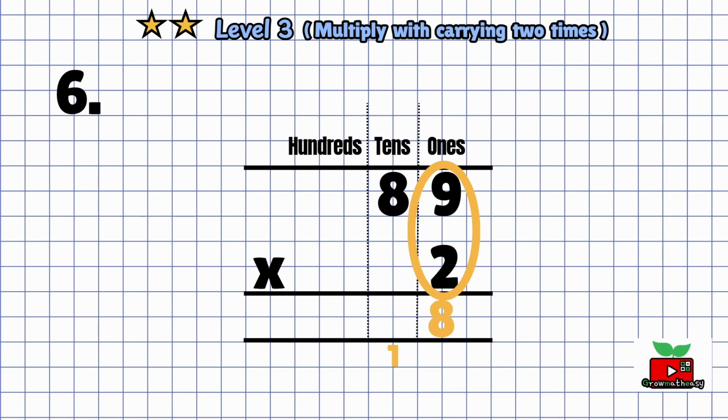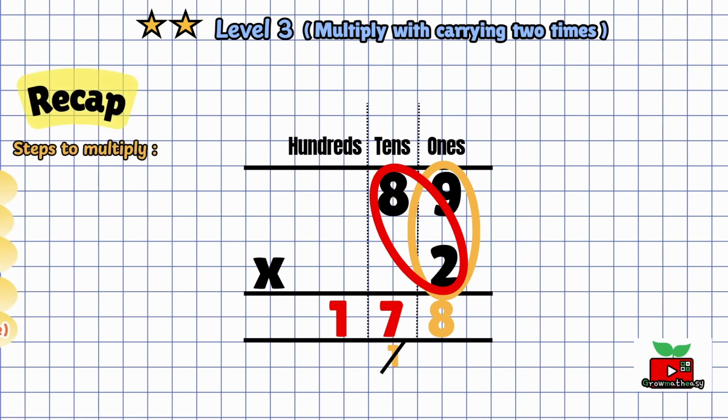We draw another little butterfly wing to help focus on the tens. 2 times 8 equals 16. Remember, we need to add the carry. 16 tens plus 1 ten equals 17 tens. So the answer is 178.